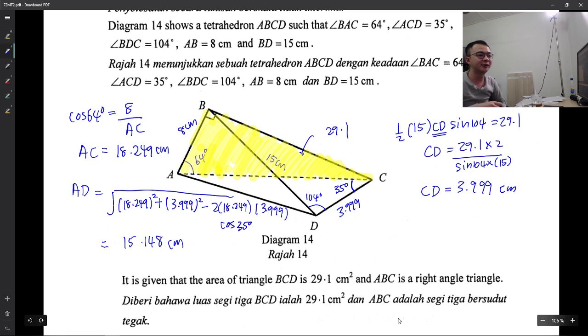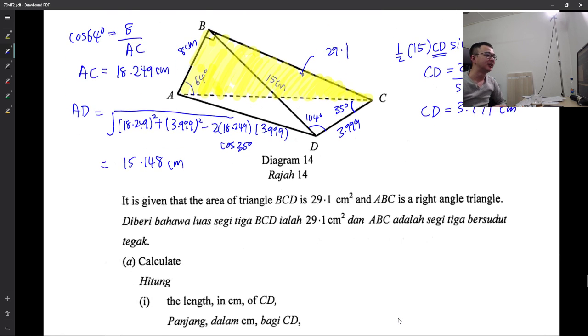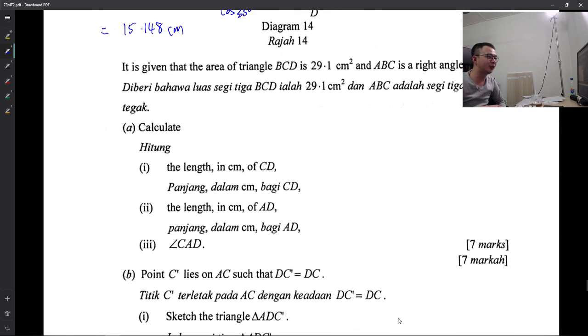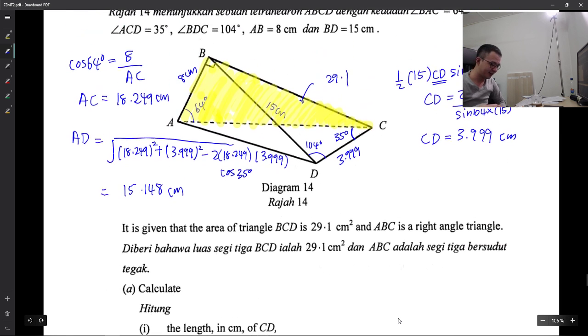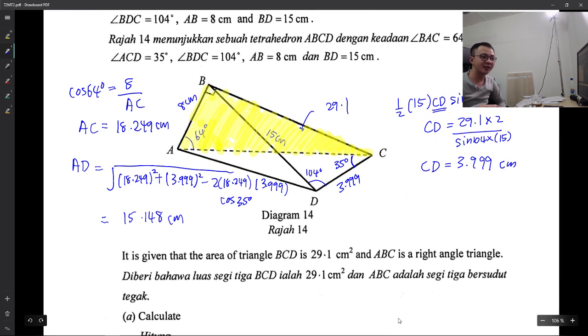Then the next thing I will do is the angle for CAD. The question asks you to find this angle, so I will change to another triangle.